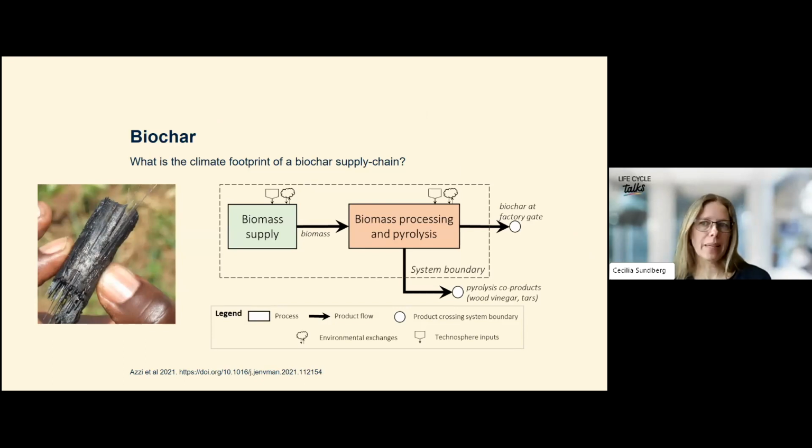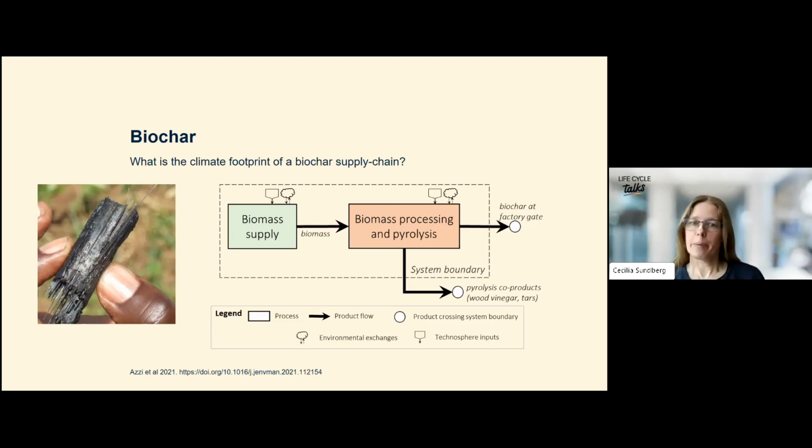That is biomass that has been heated without combusting it, so that we get solid carbon that microorganisms have difficulties in degrading, which means that this will stay much longer in the environment than the raw biomass that it was produced from.